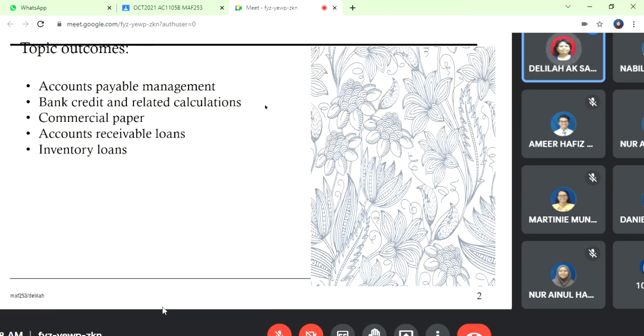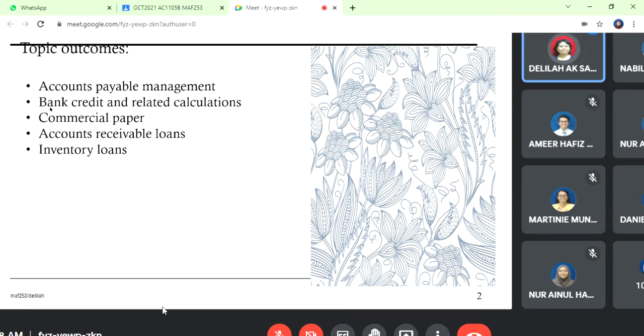So these are the items. Okay, you have accounts payable. So we have accounts payable management. Then the focus is going to be on bank credit, short-term bank loans. And we need to do the calculations related to these short-term bank loans.